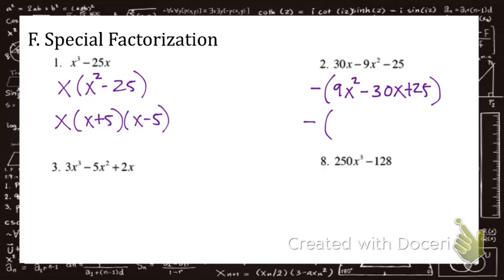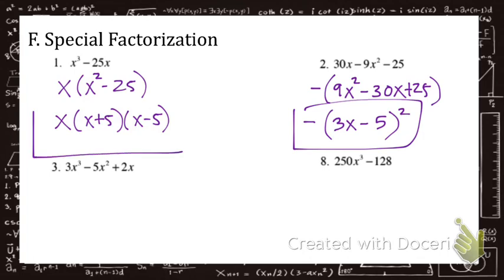So 9x squared came from 3x, the 25 came from 5, and the -30 came from a subtraction, and then we just squared that. You'll notice that this is a perfect square trinomial because 3x times that -5 is -15. So from the inside and outside terms, that's how you get the -30x when you multiply that out. So that's the special factorization for that one.